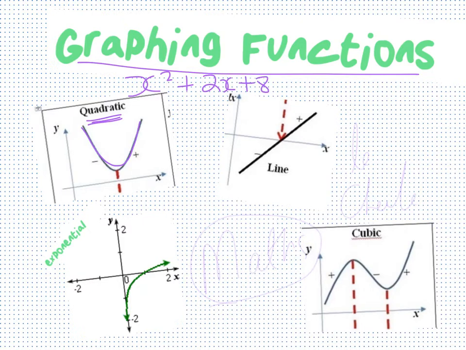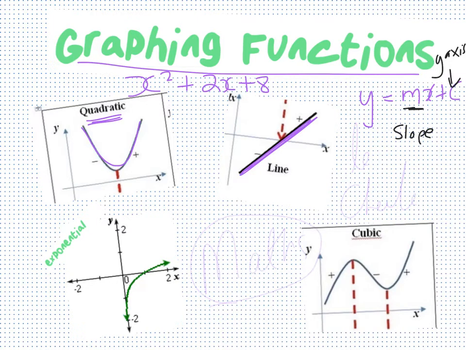And we're very familiar with this one here, this is our straight line, and it forms into the equation y equals mx plus c. So if we recall correctly, the m stands for the slope, and the c stands for where it hits the y-axis.